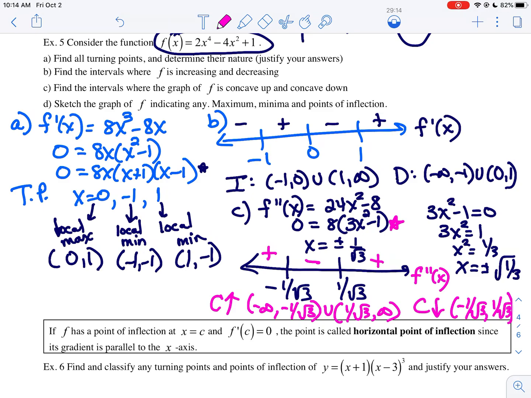Now, a point of inflection is where the graph changes concavity. So that's going to be at plus and minus 1 over square root 3.